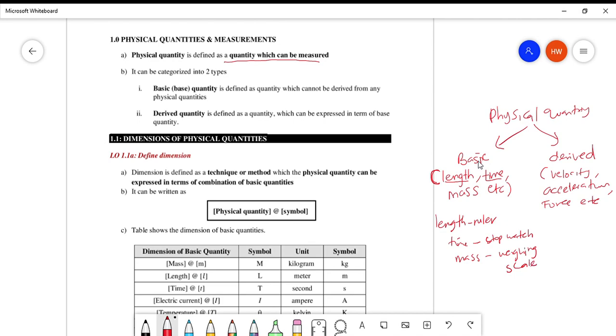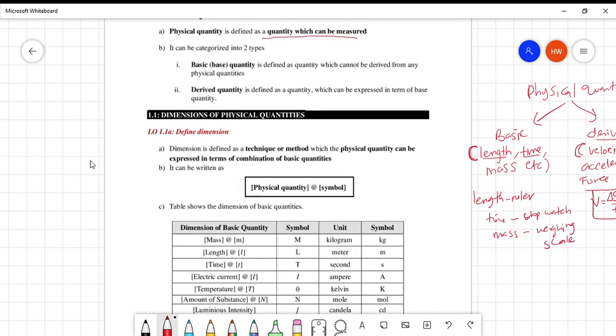But velocity is derived because we cannot measure it directly. We need to use an equation to find the velocity, which is the change in displacement over time. So that's a bit of introduction for physical quantities.